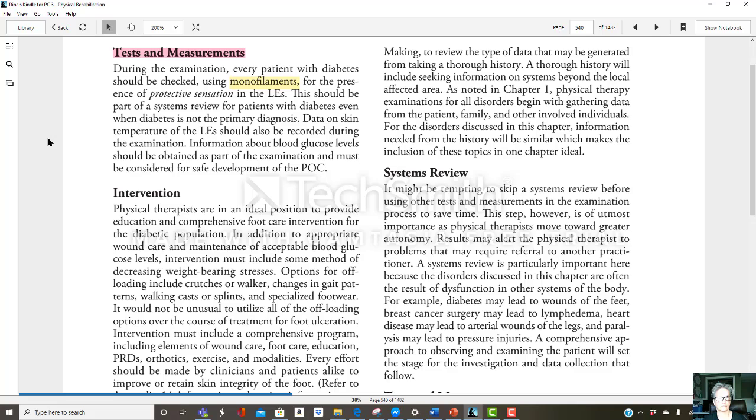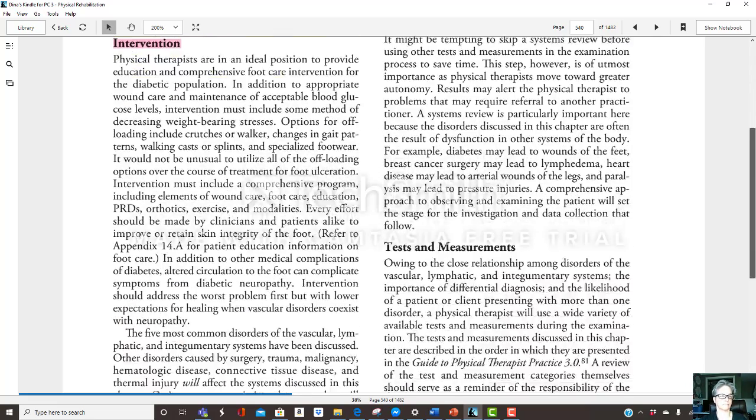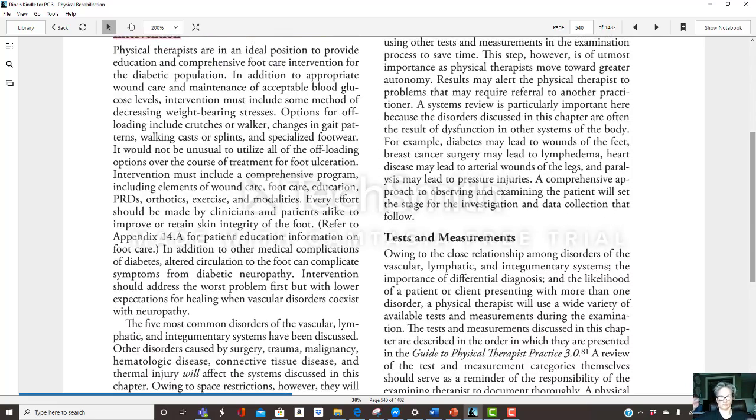Data on skin temperature of the foot should also be recorded during the examination. Information about blood glucose levels should be obtained as part of the examination and must be considered for safe development of the POC.